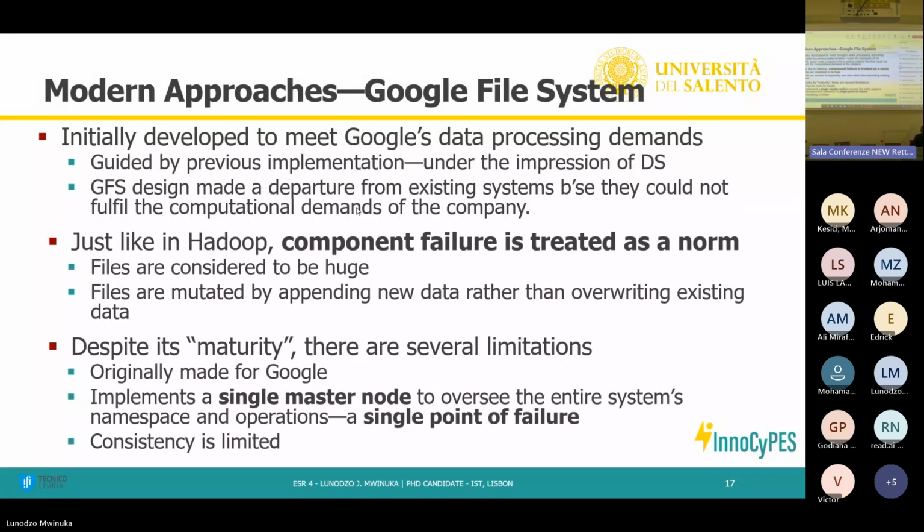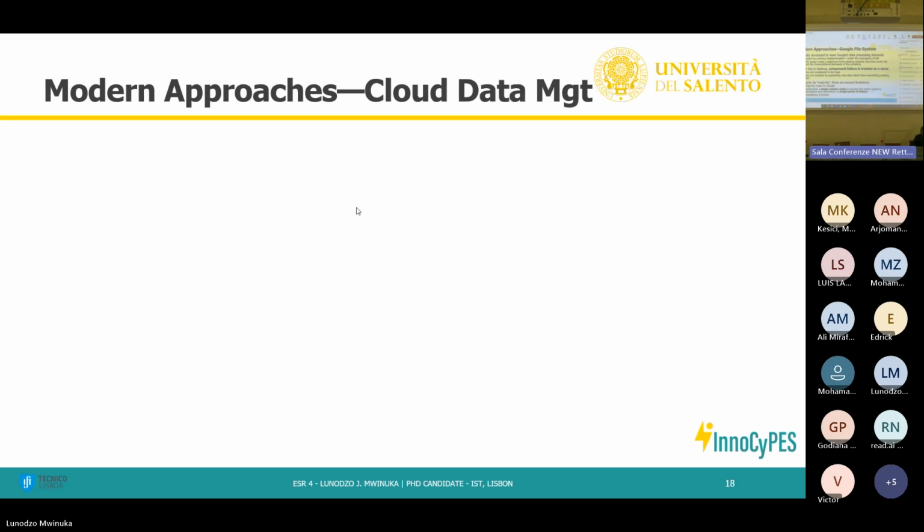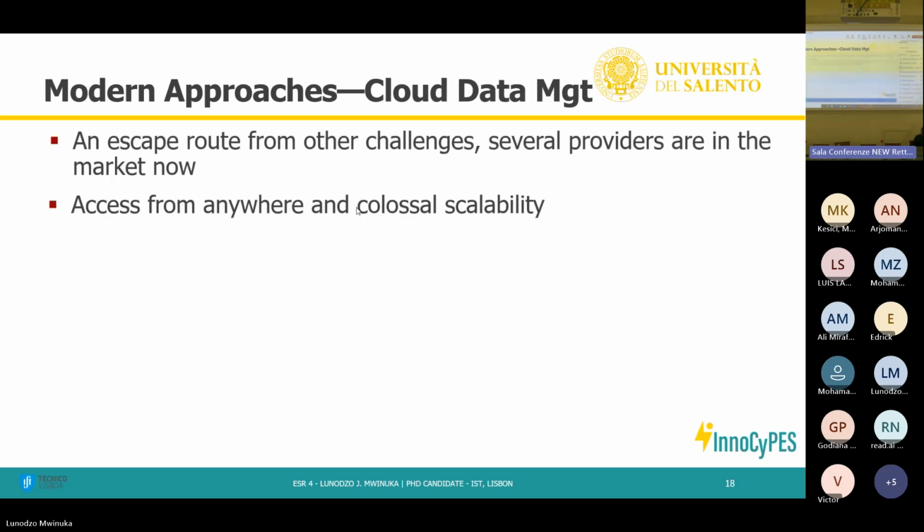Well, as a departure from these systems, because we're speaking of Hadoop, GFS, relational data warehouses, and data lakes, now we have cloud computing. This is also common among most implementers. One of the reasons for it being a popular choice is that you do not really care what's there, right?